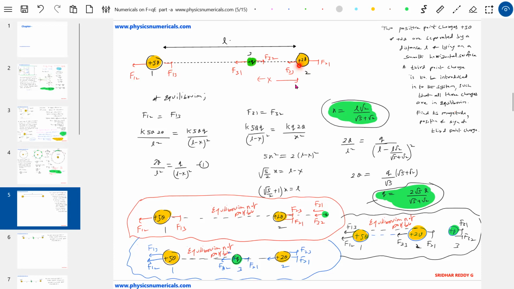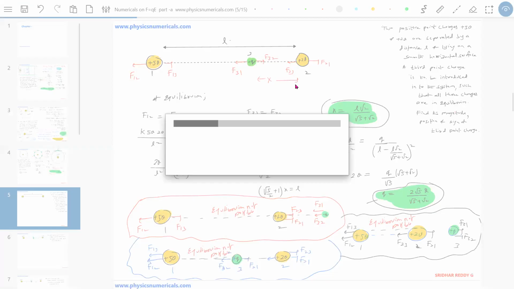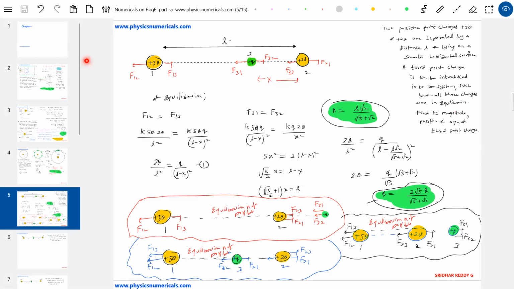I have a background. A negative point charge here: equilibrium not possible. A positive point charge in between: not possible. A positive point charge external, somewhere here: equilibrium also not possible. Then the only alternative left is a negative point charge here. Now the net force can be 0 on all three particles. Equilibrium is possible. I got the answer. Analysis is what we have to do here.